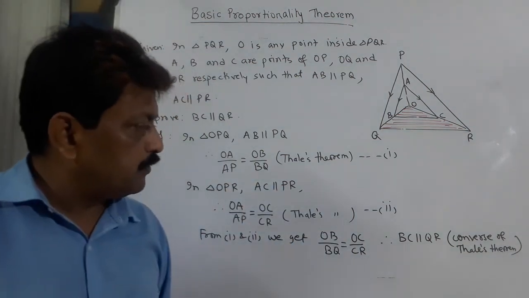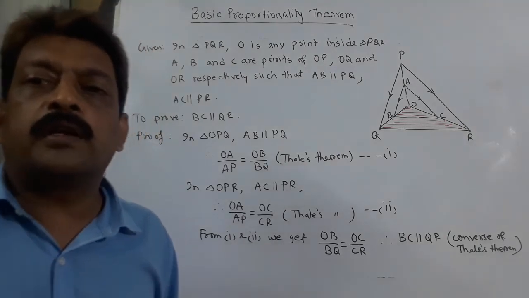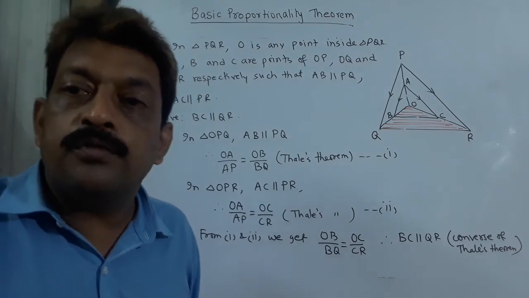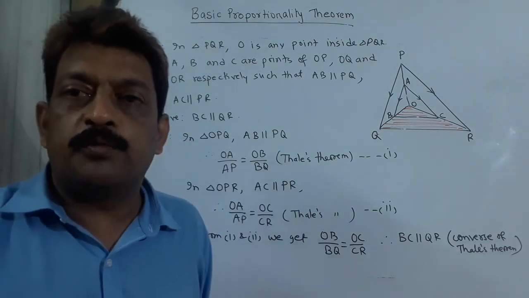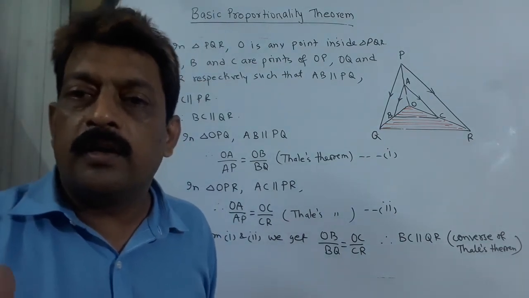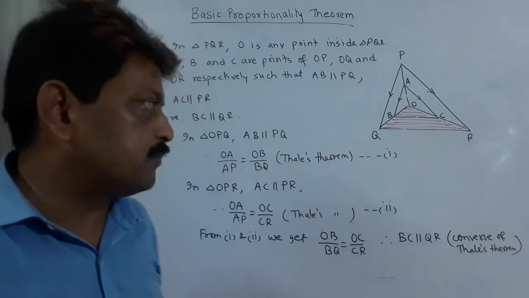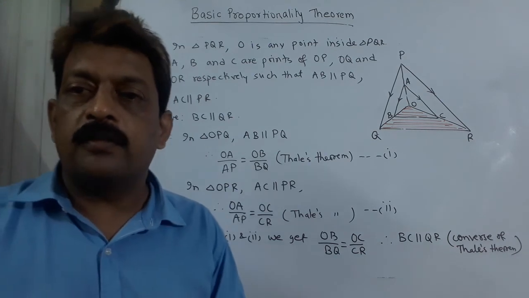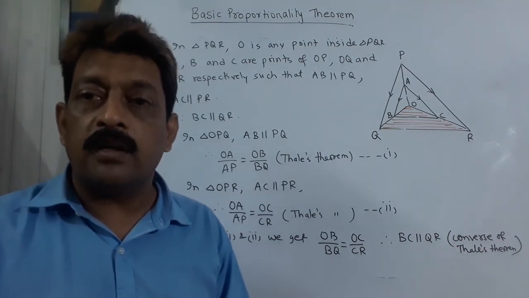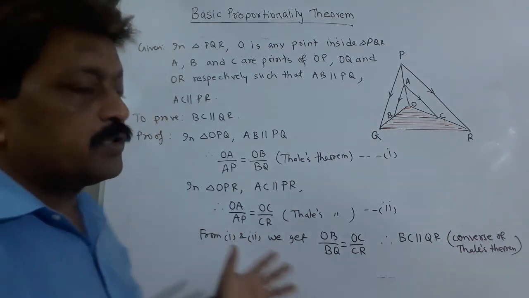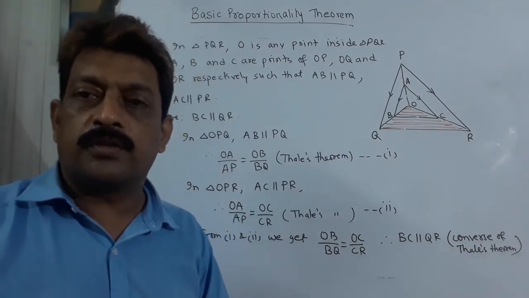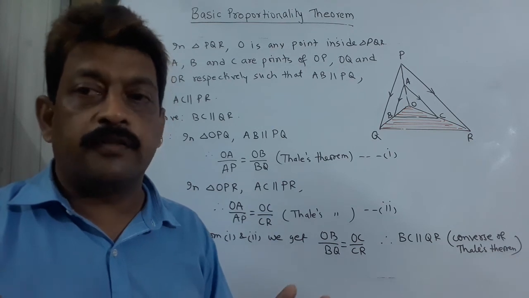In this type of theorem, you will get these type of sums only, where we have to use the basic proportionality theorem, that is the Thales theorem, and its converse. All the sums are based on this type. I hope you have got enough confidence and the concept is clear by now. If any question comes based on this theorem, then you can easily answer it. I have full confidence in you.